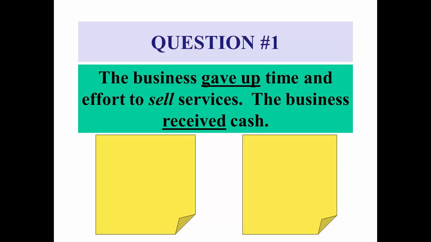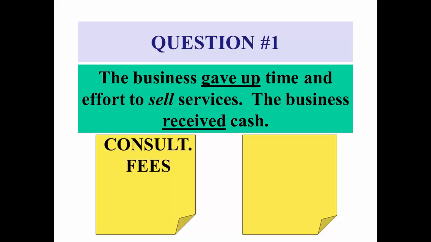The business gave up time and effort to sell services. So we're going to say sold services, and the business received cash. Okay? So for the sell services, we need to look under Mary's chart of accounts under revenue, because whenever we sell something, it's a revenue.